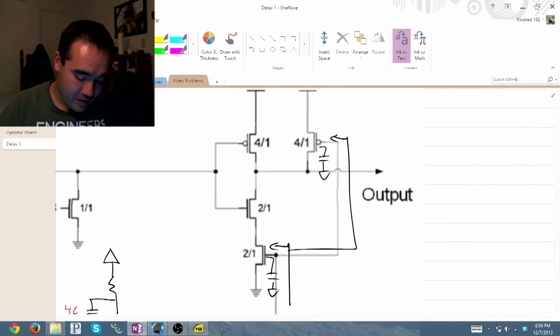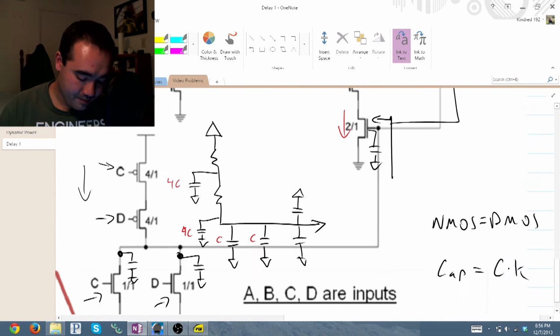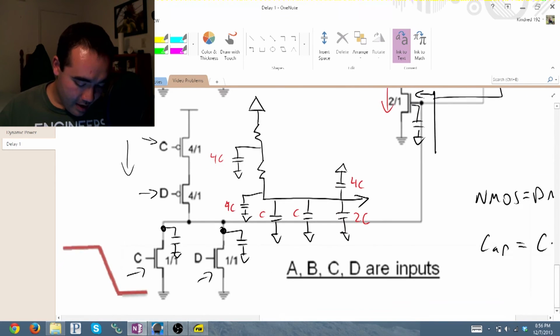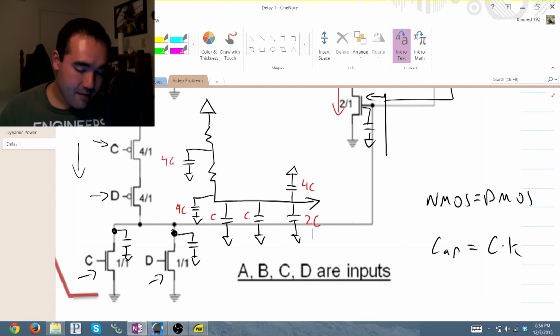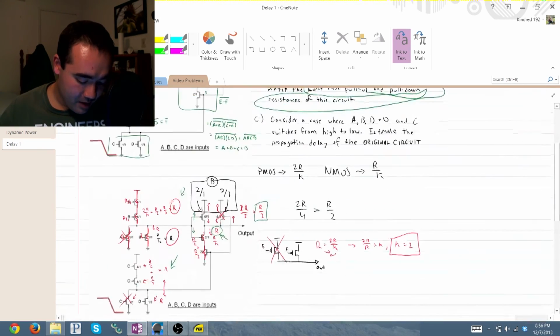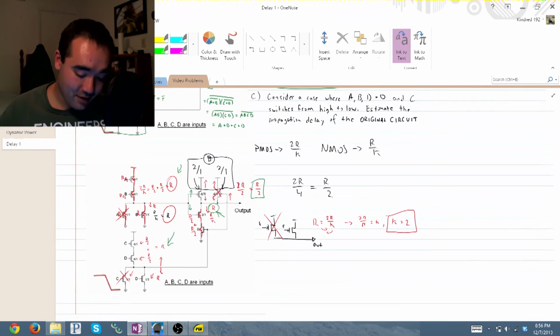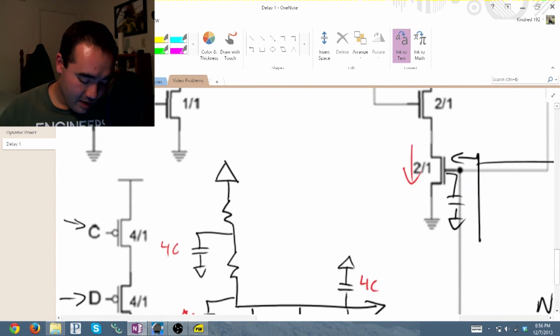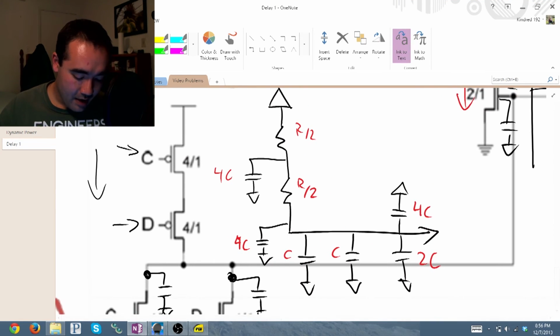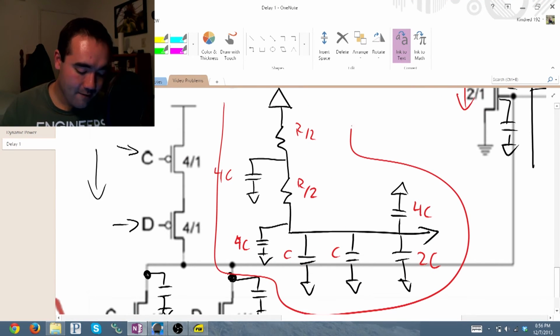They are 4 and 2. 4C, 2C. And also we have our equivalent resistances. Now, we determined those up here. If you remember how we did this, you know that this equivalent resistance is R over 2, and so is this. So, this is our equivalent circuit for this stage.